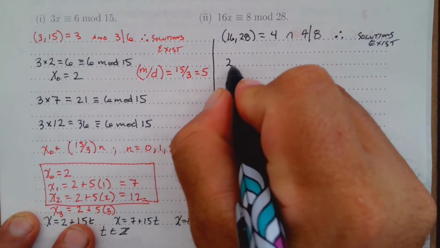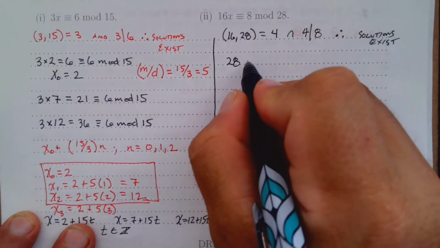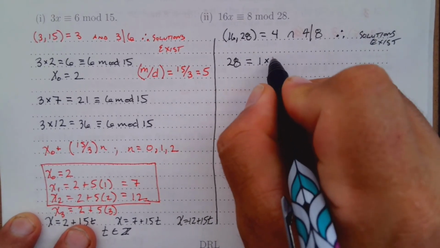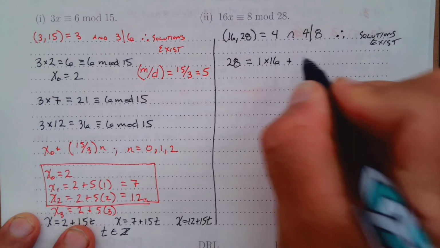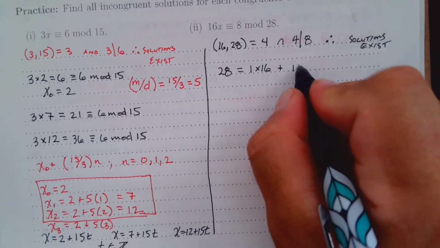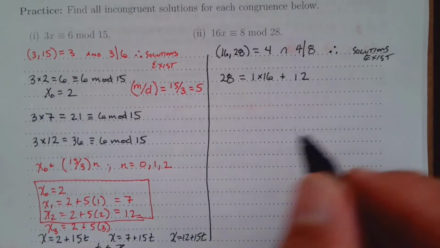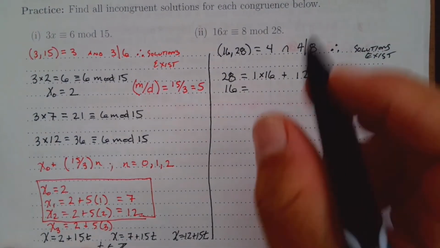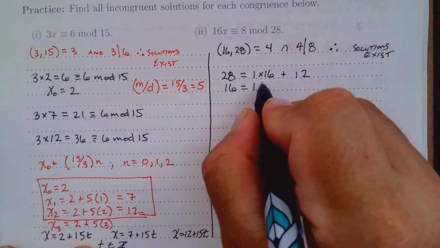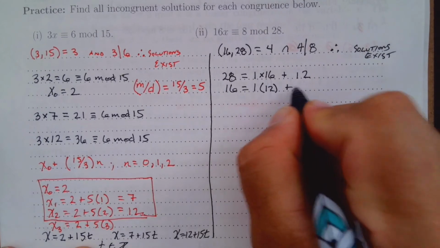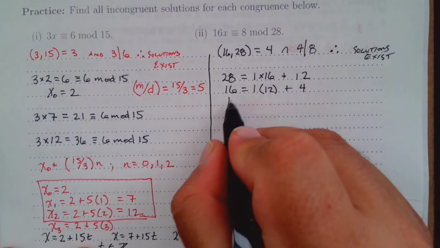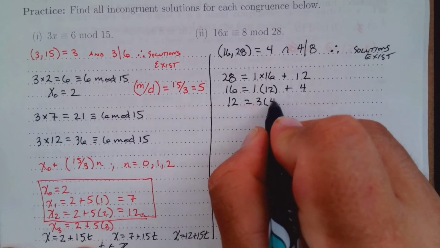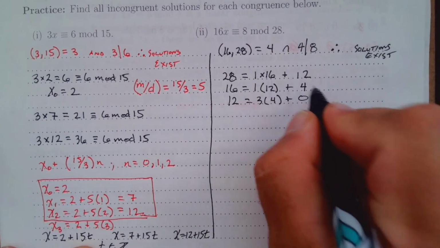The Euclidean algorithm tells us that 28 is equal to 1 times 16 plus 12, and 16 is equal to 1 times 12 plus 4, and 12 is equal to 3 times 4 plus 0.